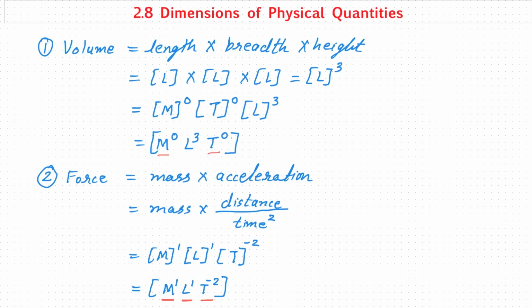Now one important point about representing any physical quantity by its dimensions. In dimensions, the magnitudes and the constants coming in the equation are not to be considered. Let me show you by one example. Let us take the example of the circumference of a circle.